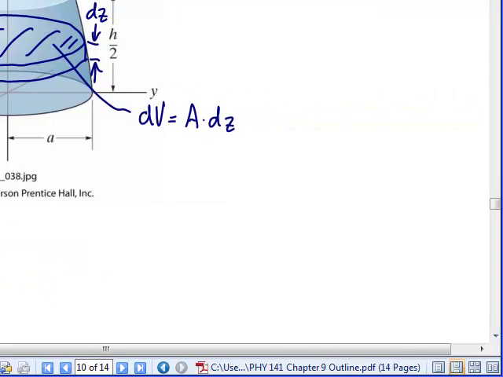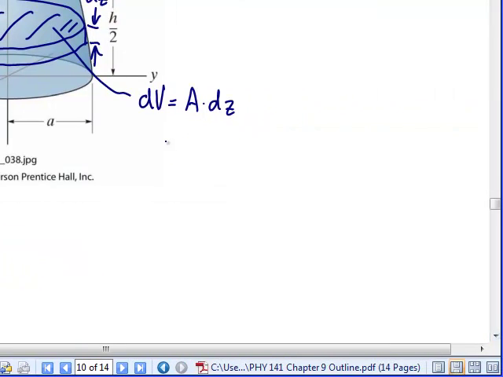Because now my area is going to be pi y squared. So pi, this is y squared right here: a squared times 1 minus z over h. That's the area.